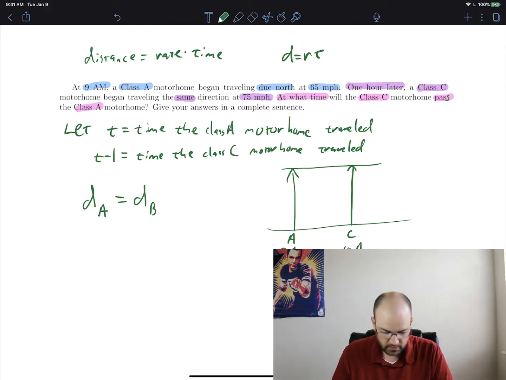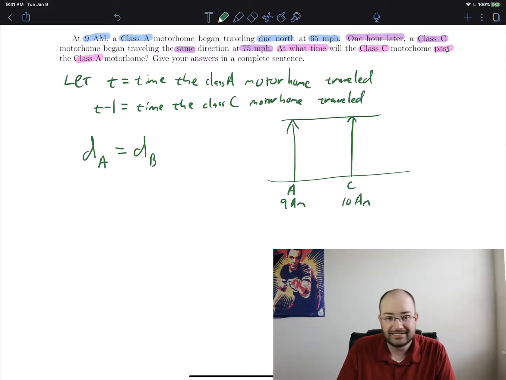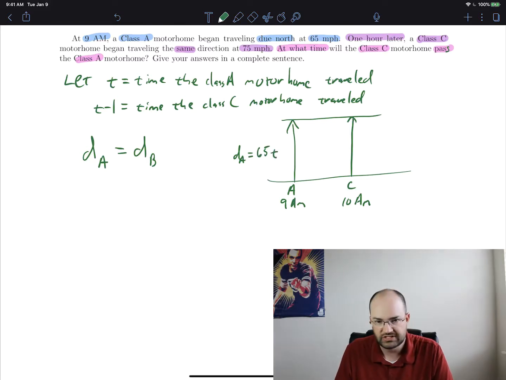Okay, so with that in mind, in the DIRT formula, D equals RT, the distance for A is the rate of A, which is 65, times the time, which is just T. The distance for C will be the rate of C, which is 75, times the time that C has traveled, which is T minus 1.